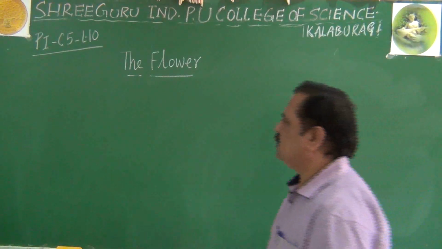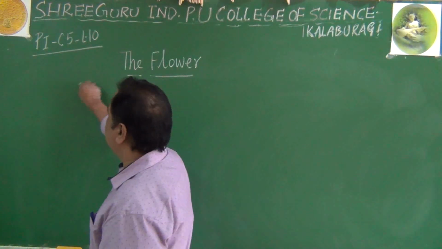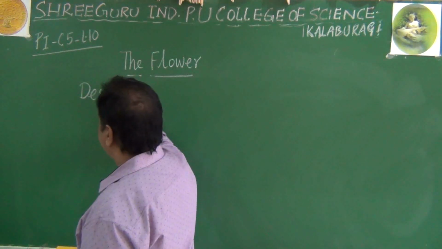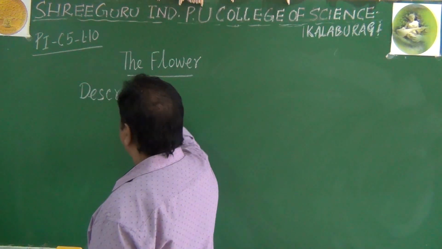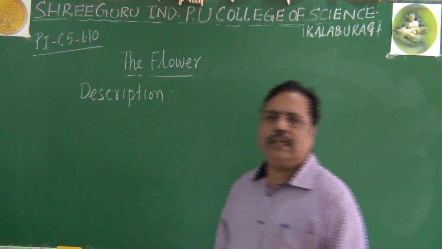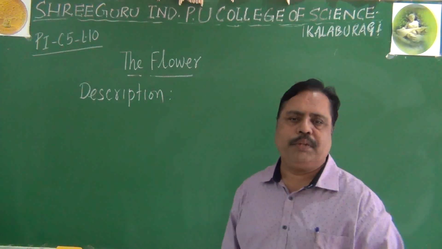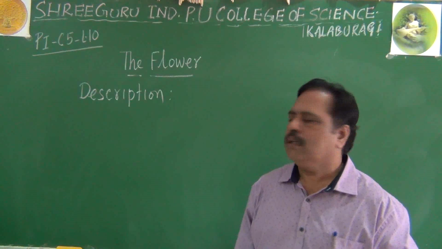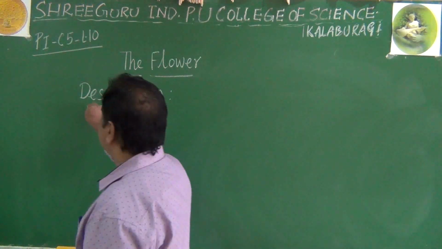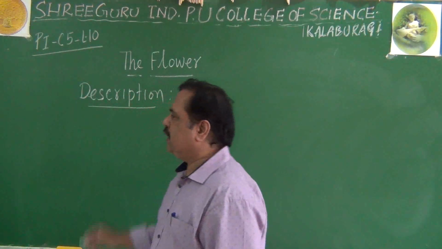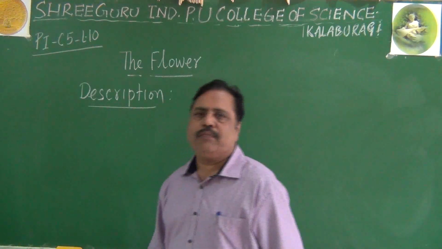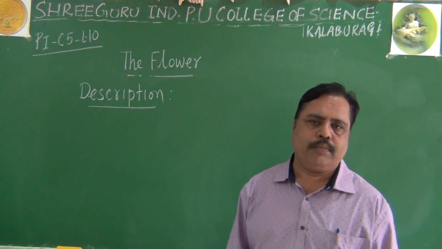They are called the description of a flower. How to describe a flower, there are some points we have to remember. Scientific description, okay, it is scientifically describing a flower we are going to see here.